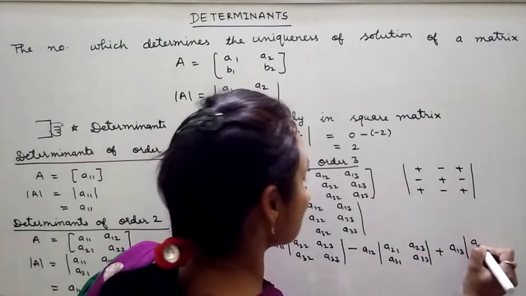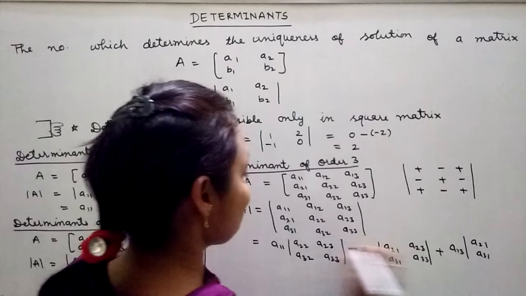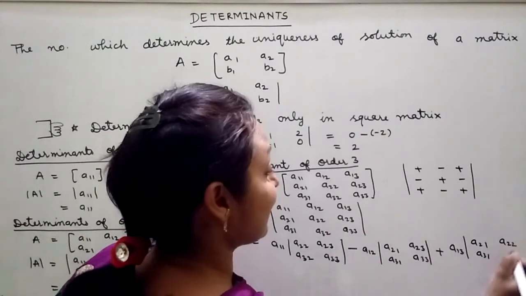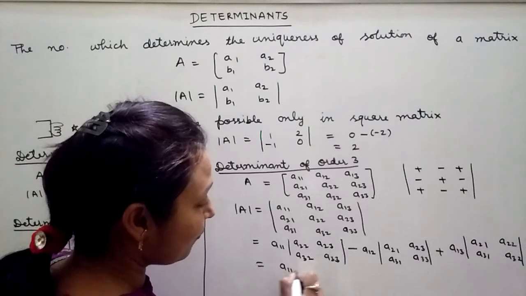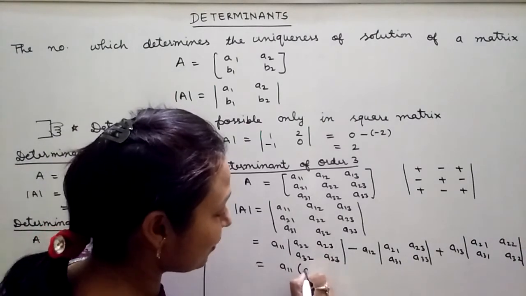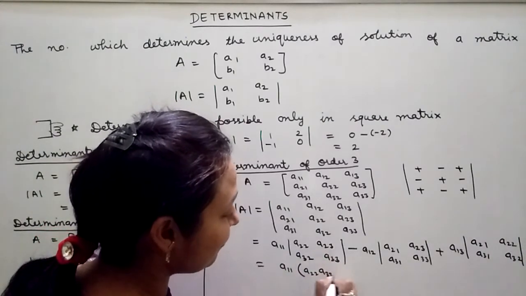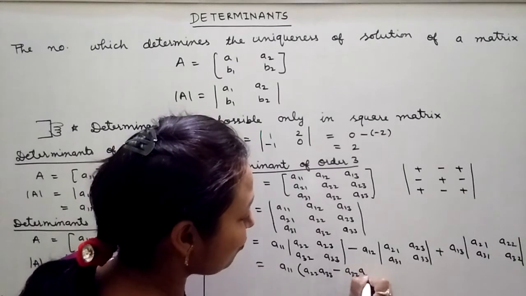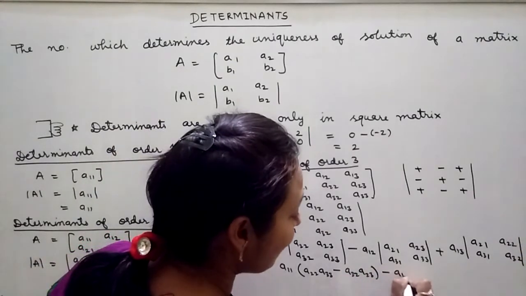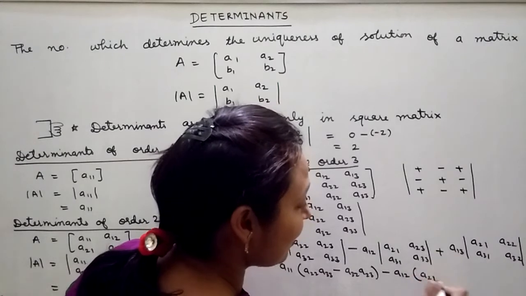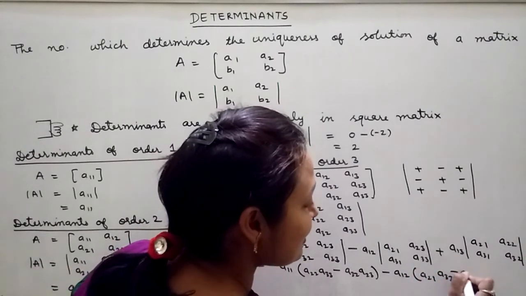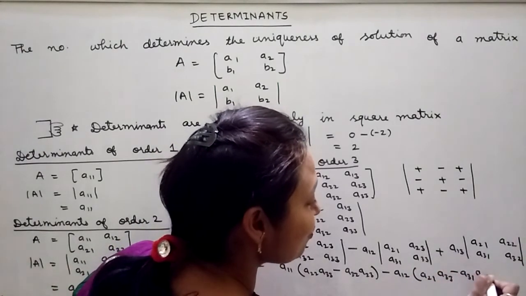We have A21, A22, A31, A32. And when you solve it, A11 multiplied by A22, A33 minus A32, A23, minus A12 multiplied by A21, A33 minus A31, A23.